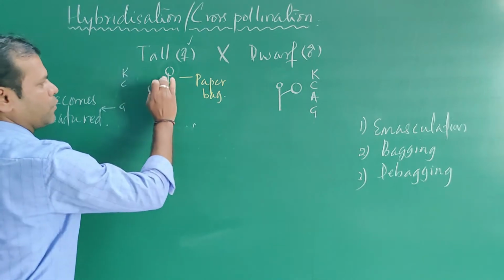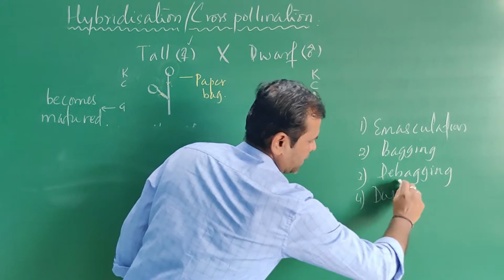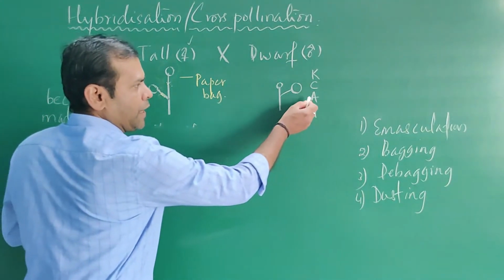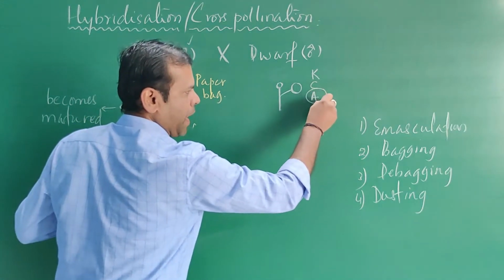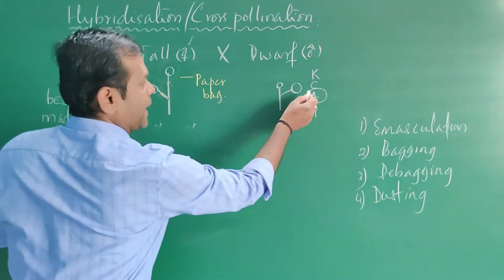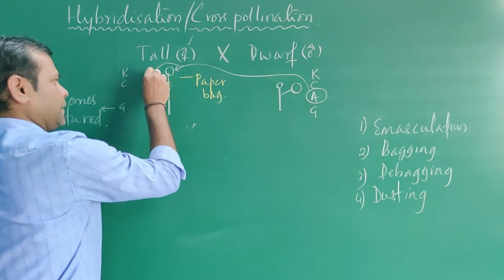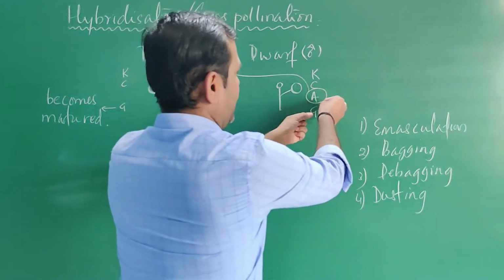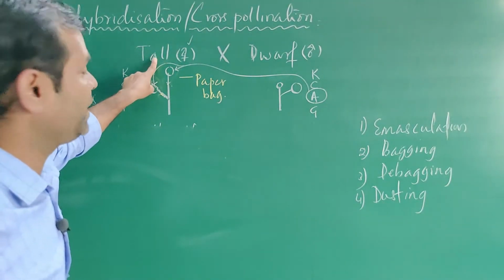Now, the fourth step is dusting. Now we'll take anthers, pollen grains, from this male plant. We are going to take only anther or pollen grains, and take the pollen grains from this male plant and transfer them on the stigma of the female plant.